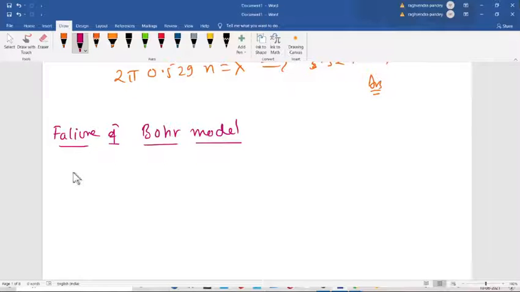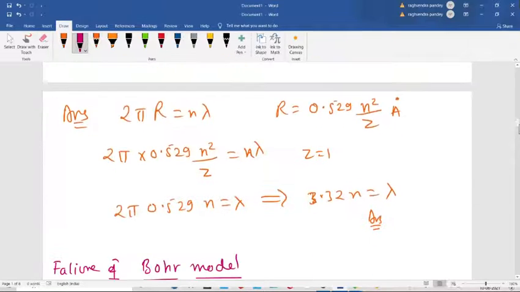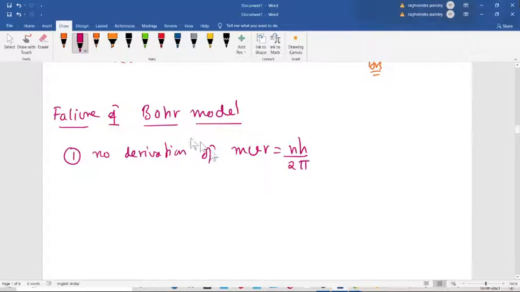First is that there is no derivation of mvr is equal to nh upon 2 pi. So he didn't derive it. Later on, by the de Broglie equation, from 2 pi r equal to n lambda and lambda equal to h upon mv, we derived that one. So there was no derivation.